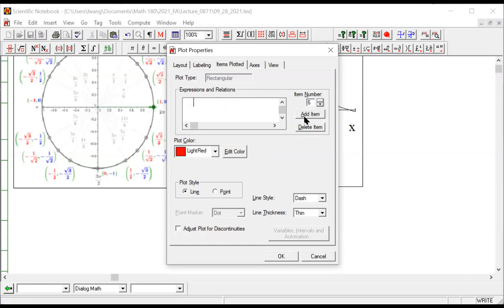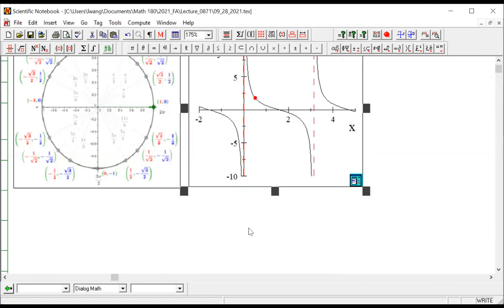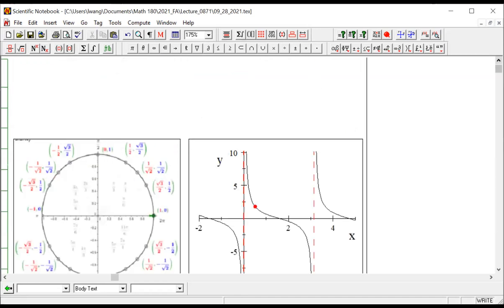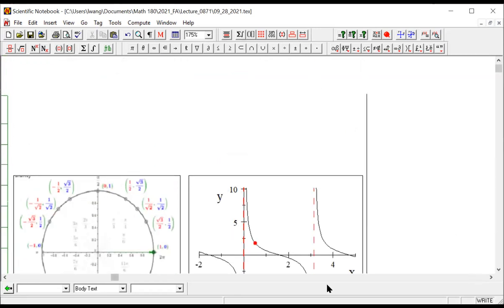So each rule has its own different nature. I'm going to make it a little thicker so you see the other vertical asymptote. So you're going to have lots of vertical asymptotes that will make the complete curve. And what are those vertical asymptotes?